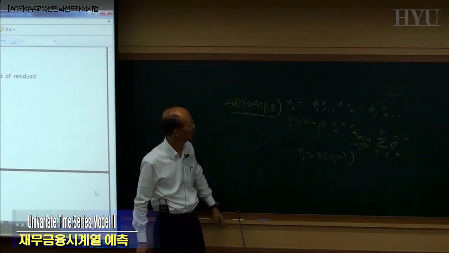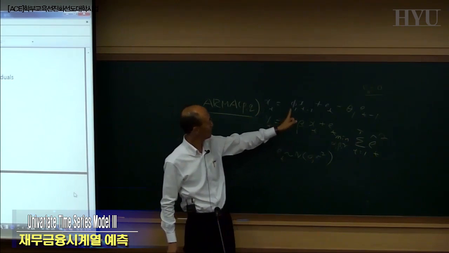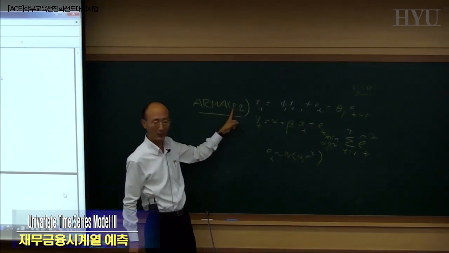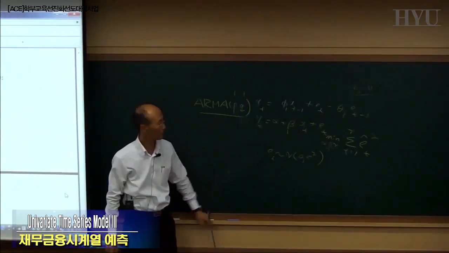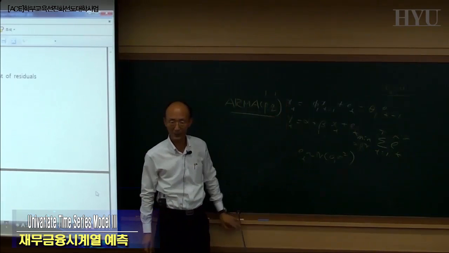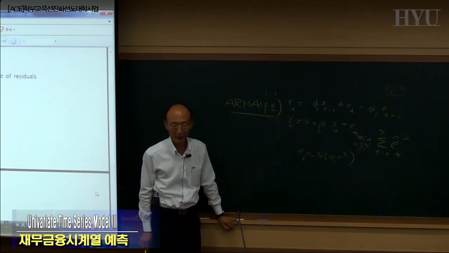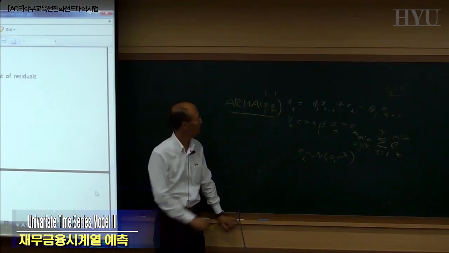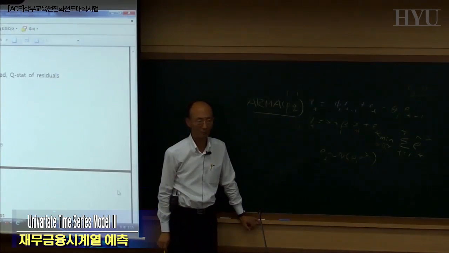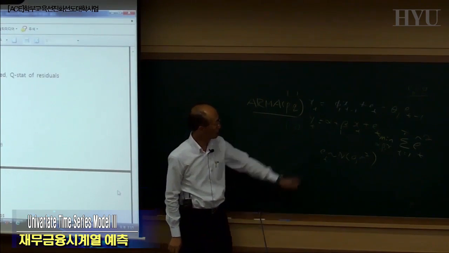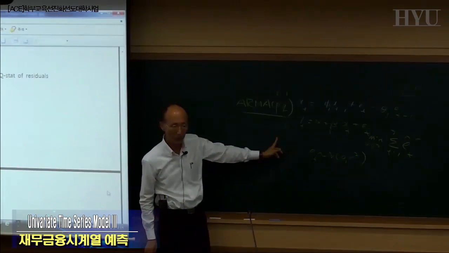Suppose the true data generating process for X is P equals to 1 and Q equals to 1, like this one. Okay. And suppose you estimated, let's say mistakenly, a 1, 0 model. So if the truth is this, then this is obviously misspecified, right?